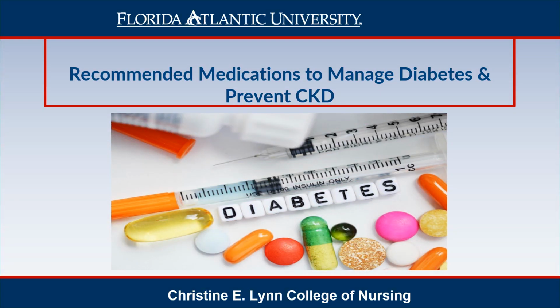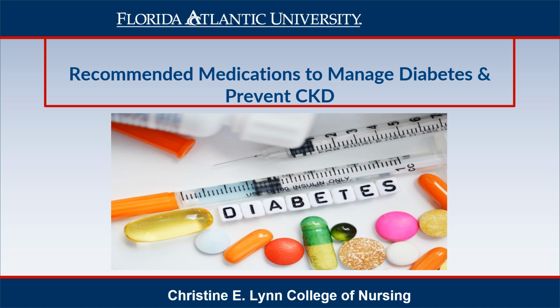Medications for diabetes management include SGLT inhibitors, with examples being empagliflozin and canagliflozin. These drugs lower blood glucose levels by increasing glucose excretion in the urine, also reducing blood pressure and albuminuria. The benefits of these drugs are to provide cardiovascular and renal protection, especially in diabetic patients with CKD.